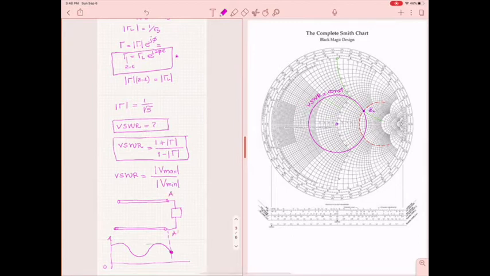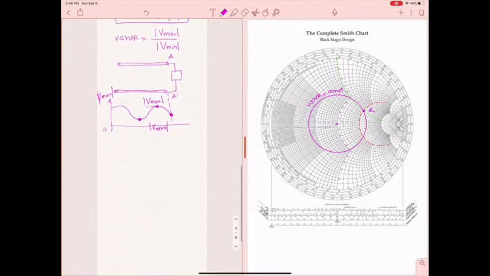This is V max, this is total V magnitude, and V min is this one. And VSWR shows the ratio of the two.